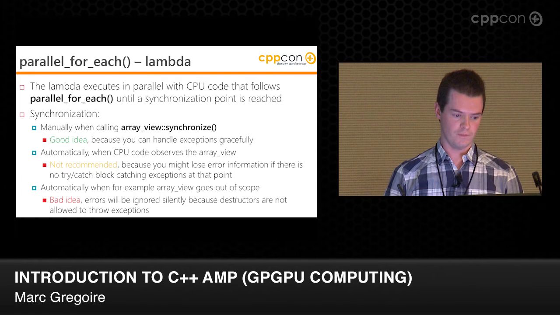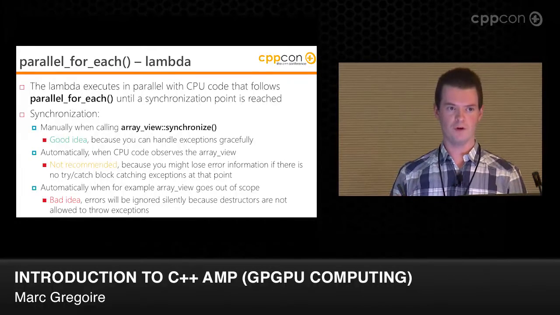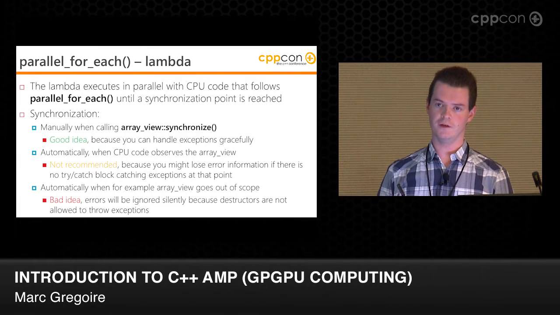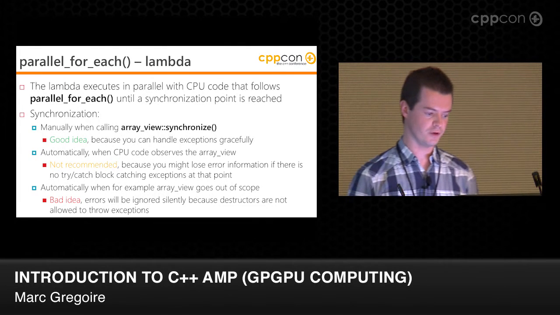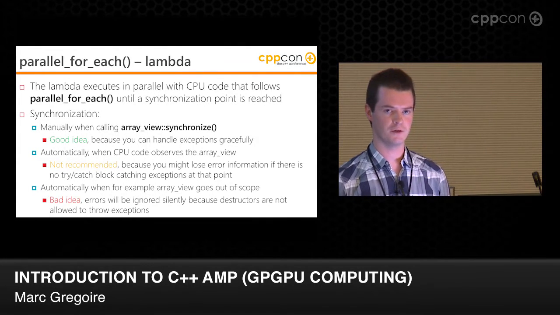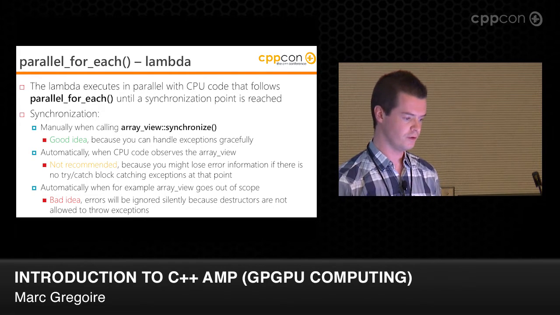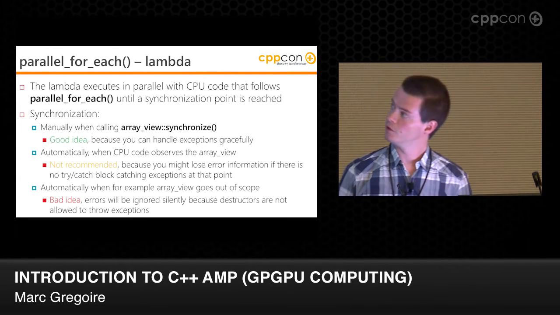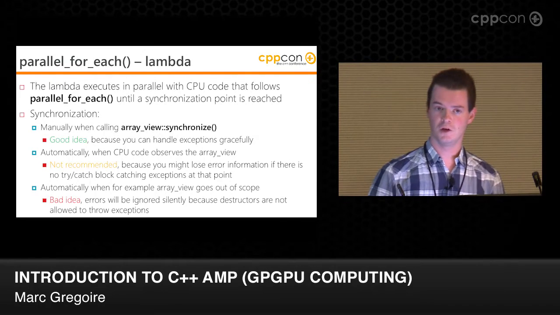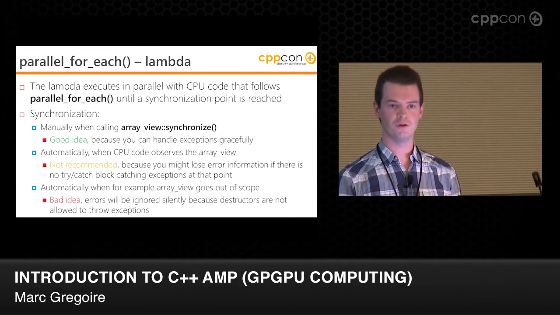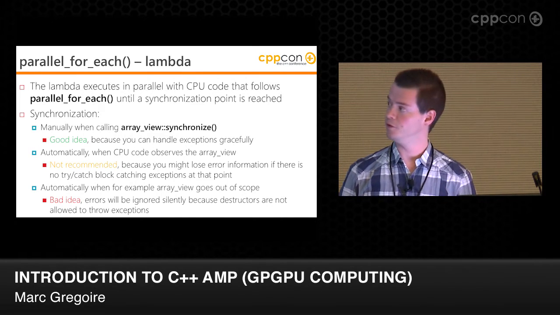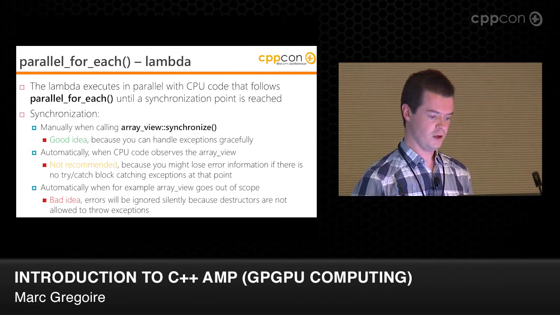So at one point, the CPU will block to get the data from the GPU, and that's called a synchronization point. And there are actually three ways to have a synchronization point. You can either do it manually by calling array_view synchronize, and that's the recommended way, because at that point you can perform your error handling. I will show that in an example code later.